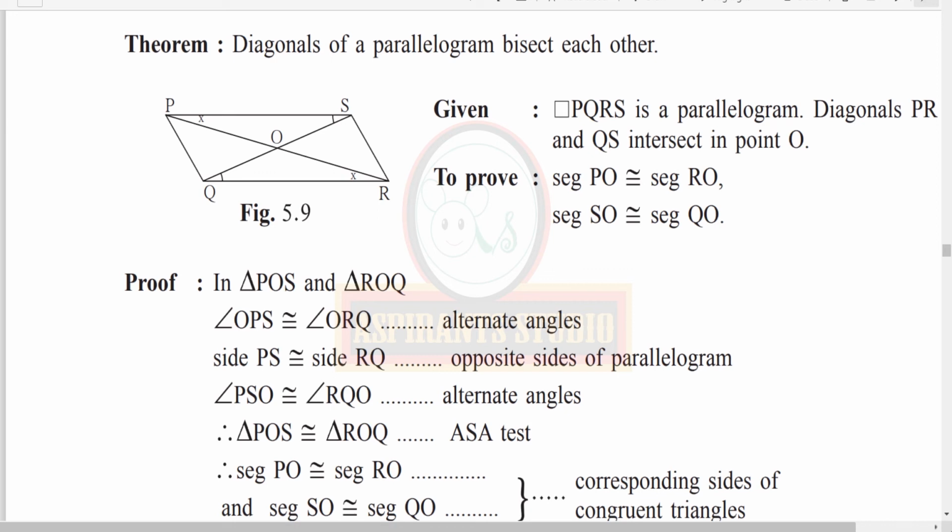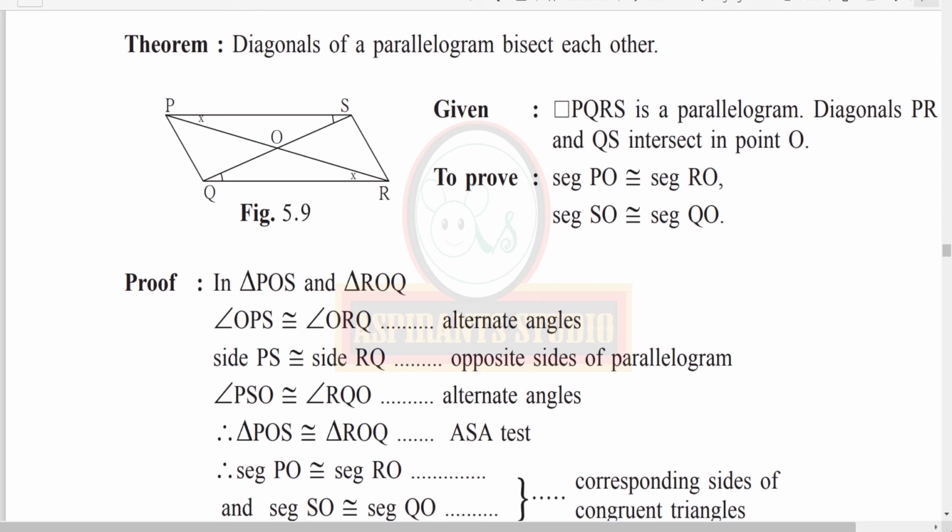In triangle POS and triangle ROQ, we have drawn both the diagonals because it is given diagonals of a parallelogram bisect each other. So we have to construct both the diagonals. Now take these two triangles, POS and ROQ.